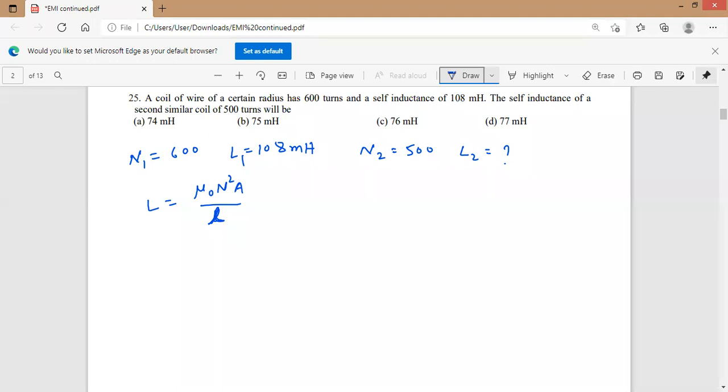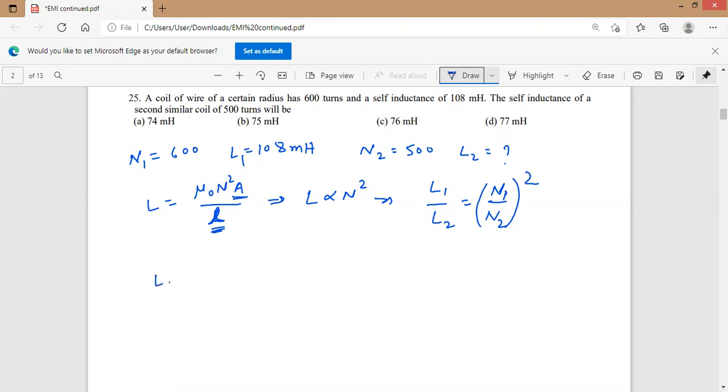For two similar coils, this A and L is same. Then mu naught is constant, A is constant, L is constant, and L is proportional to N square. That implies L1 by L2 is equal to N1 by N2 whole square.